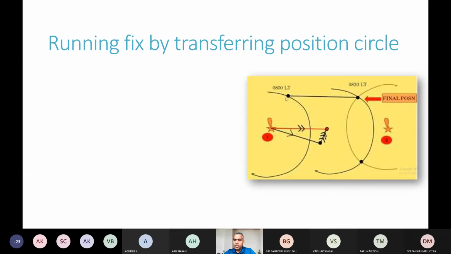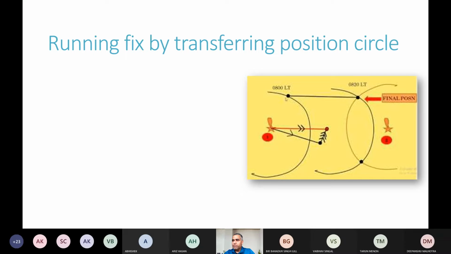A circle on which the vessel's position can lie anywhere is known as a position circle. We are already familiar with the concept of position line. A position line is a line on which the vessel's position lies. Similarly, a position circle is a circle on which the vessel's position lies.